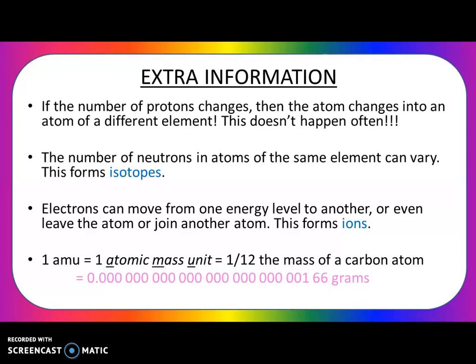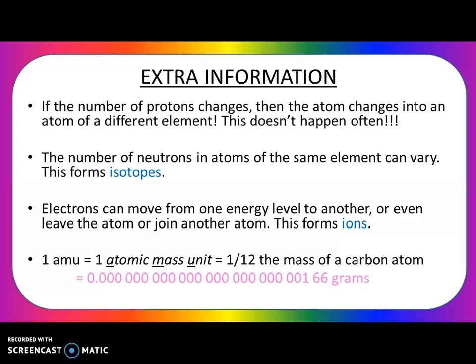The reason that we have a different mass unit and we don't just use grams or kilograms is that atoms are so tiny that 1 AMU has a mass of approximately 0.00023 zeros 166 grams.